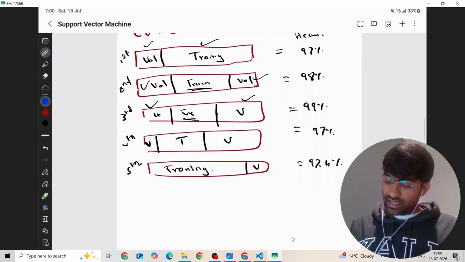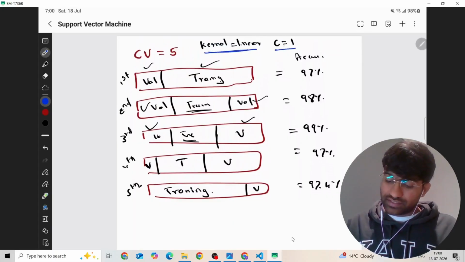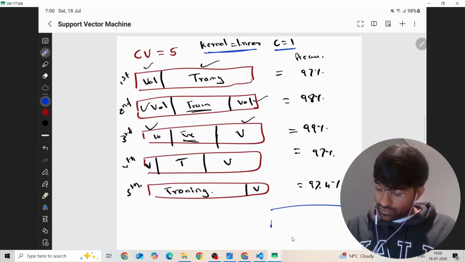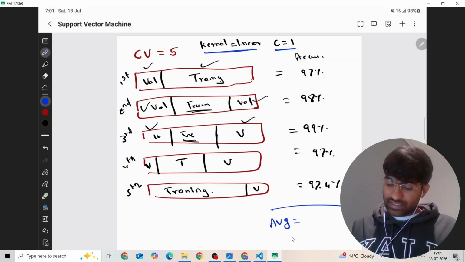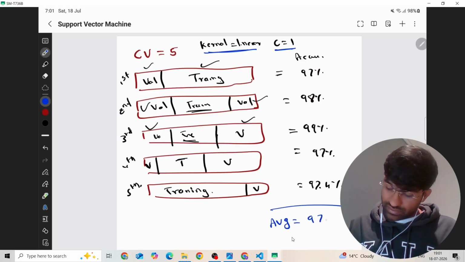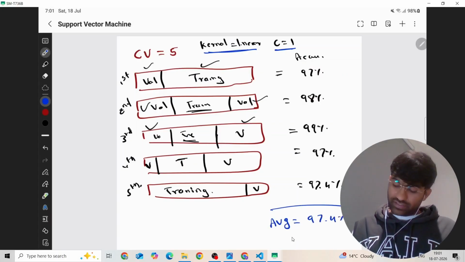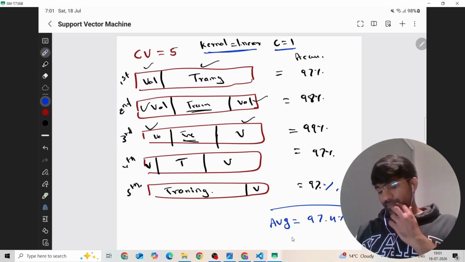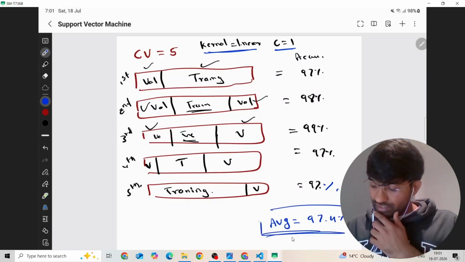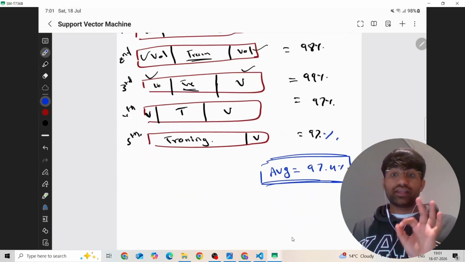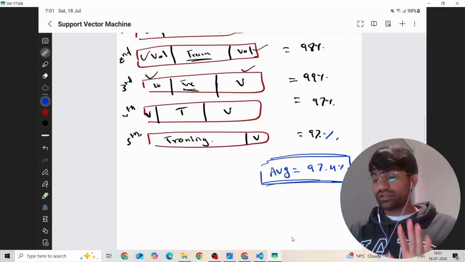The final accuracy for kernel linear and C equal to 1 will be the average of all the cross validation sets. So the average will be 97.4%. This is just random, I have not made any calculation here. So the final average will be 97.4%. So this will be the final accuracy of your model. This is how your cross validation will find the accuracy.